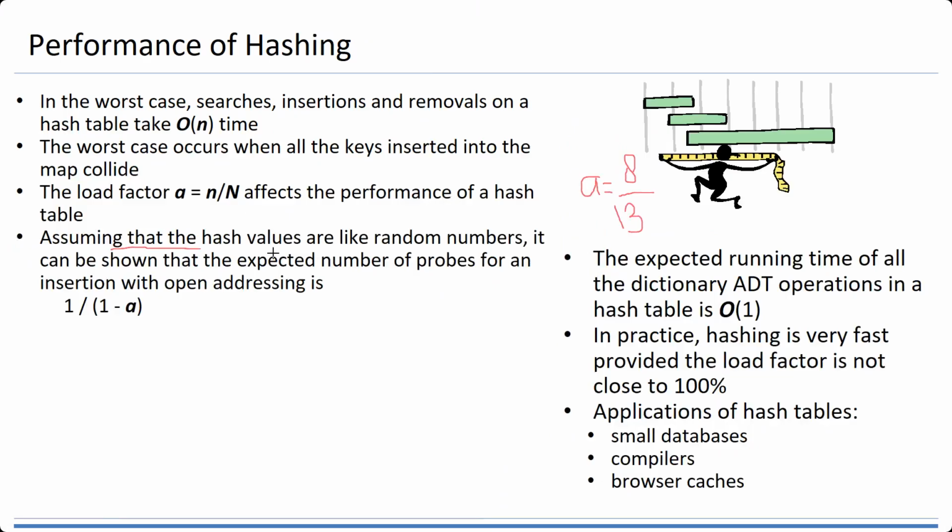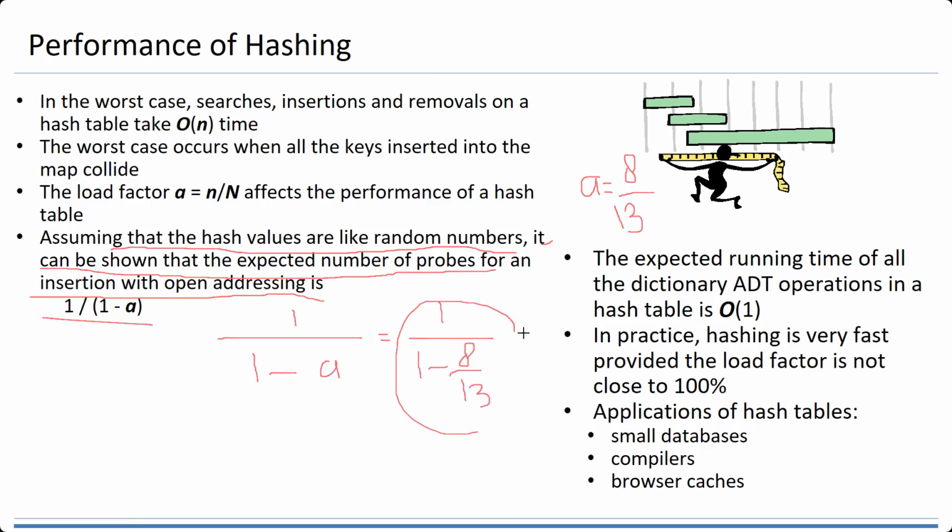Assuming that the hash values are like random numbers, it can be shown that the expected number of probes for an insertion with open addressing is this one. So we have 1 divided by 1 minus alpha. So if alpha is 8 divided by 13, then yeah, you can calculate 1 minus 8 divided by 13.